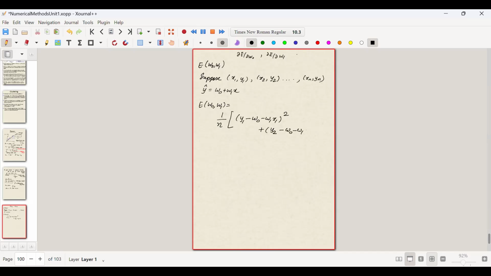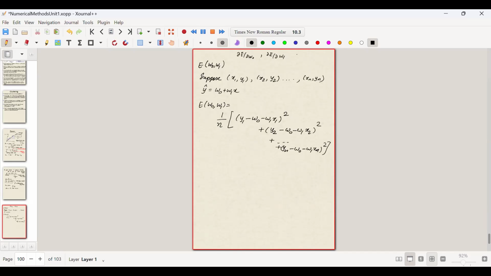W0 and W1 will be the same, till the nth point. Square of all those things. And we are taking the average over N points. So we are summing the error up and taking the average error, dividing by n.